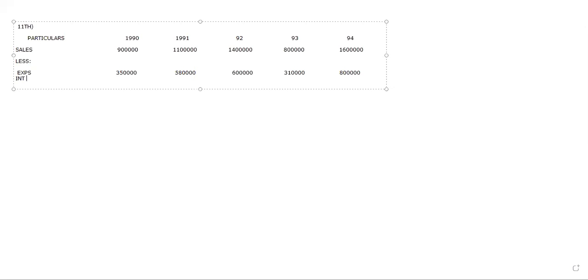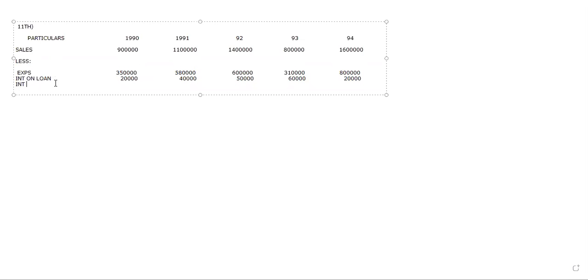Okay. Now, next after expenses, what else is said to minus? Interest on loan. So, how much is the interest on loan? First one is 20,000. Second one is 40,000. Third one is 50,000. Then 60,000. Then 20,000.